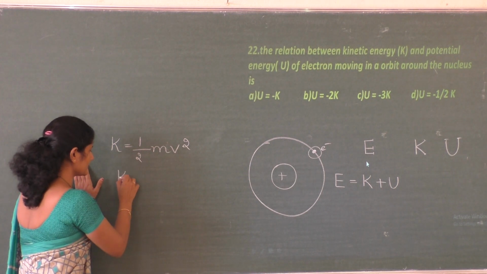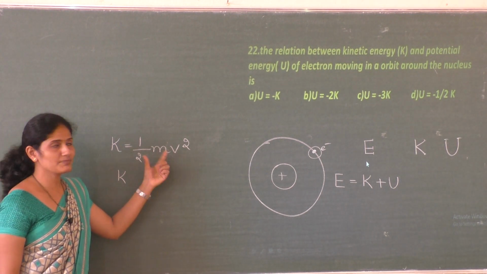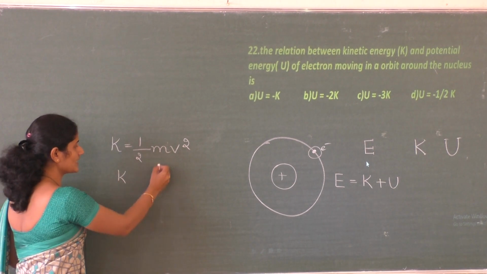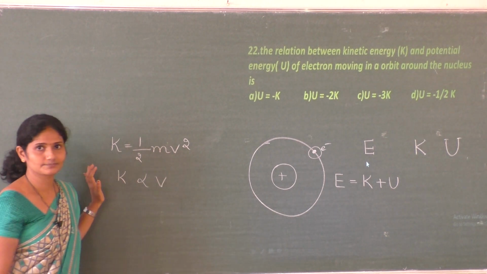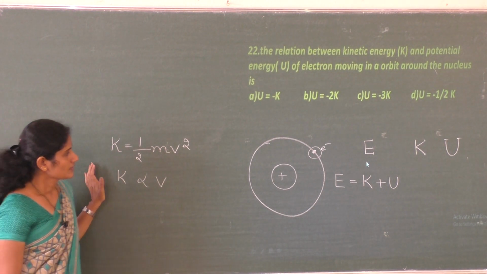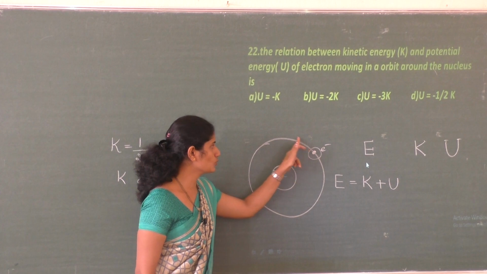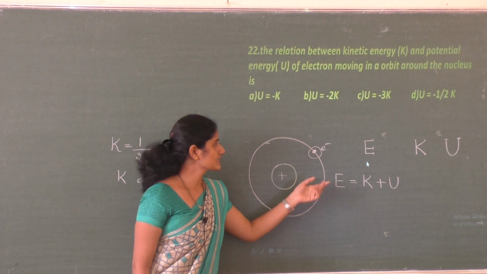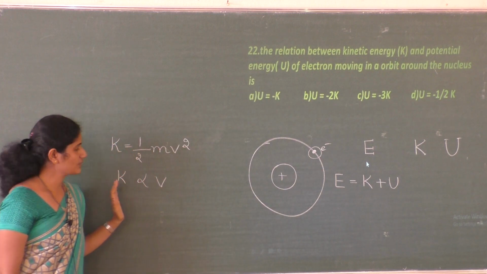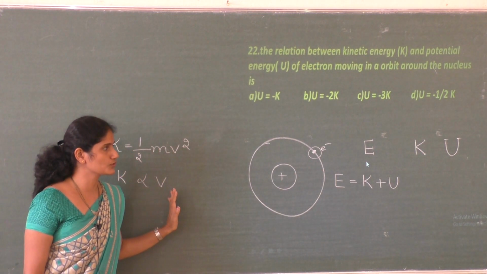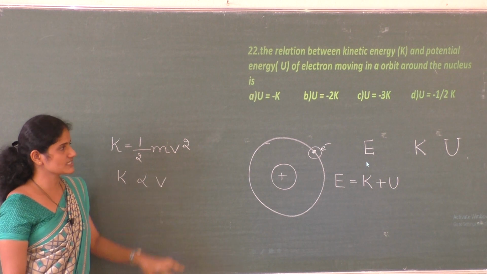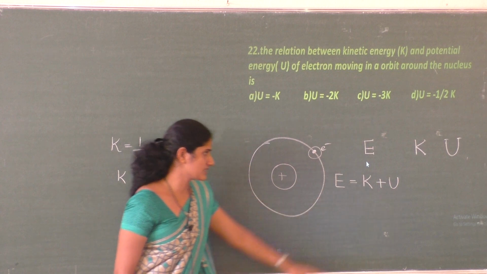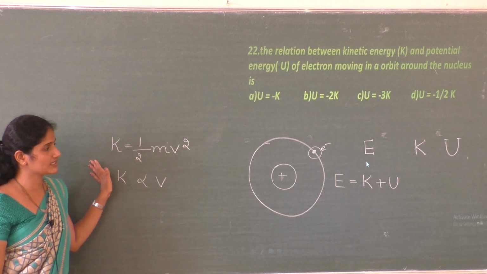For a given particle, m is constant, so half m is constant in this expression, and K is directly proportional to velocity. As the electron moves in its orbit, its velocity changes, therefore kinetic energy also changes.